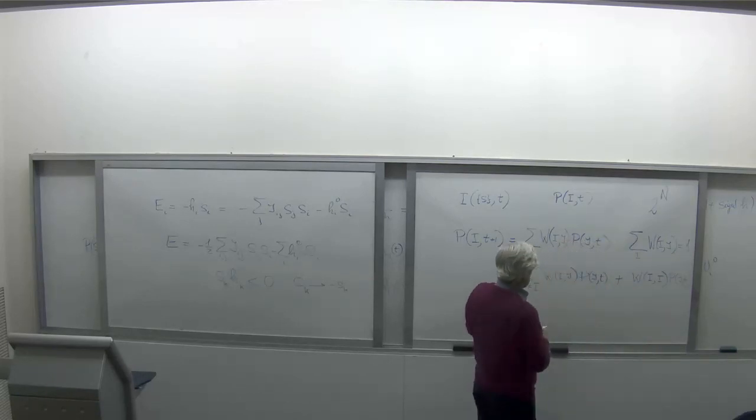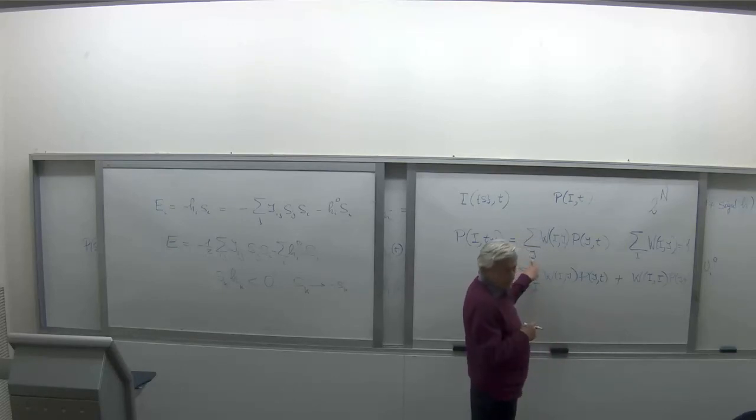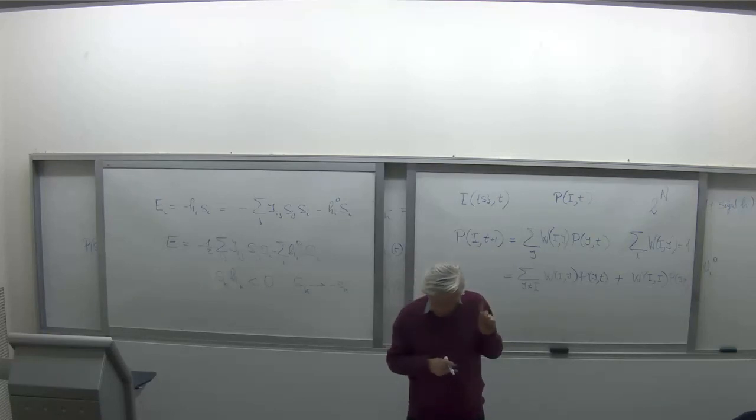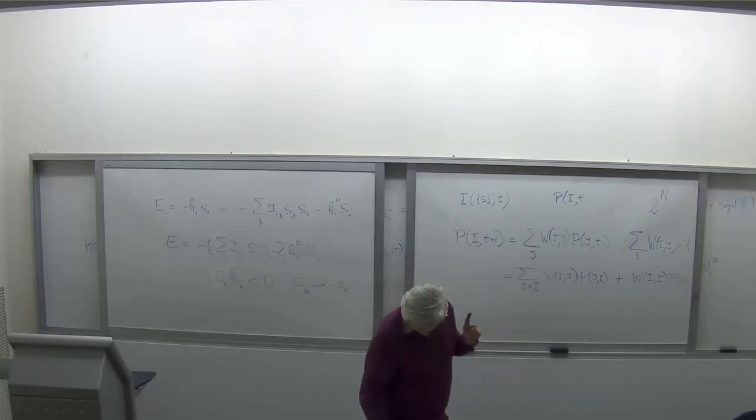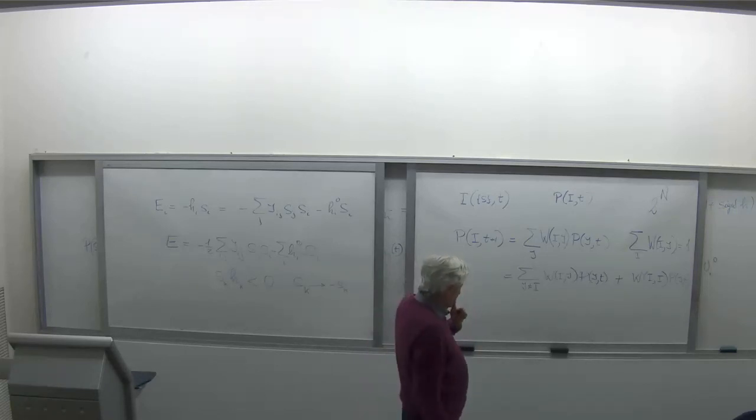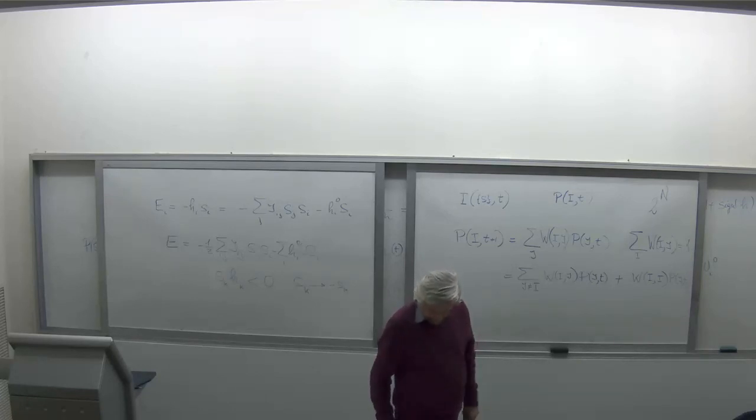Now, it says here a sum over j, and I take the particular value, one moment, it has to be minus W_ji P_i(t).